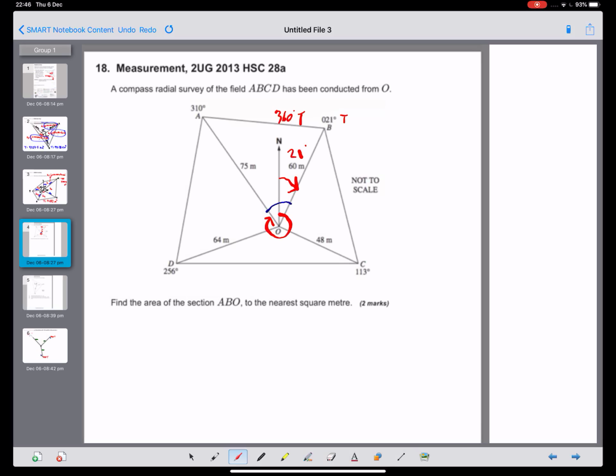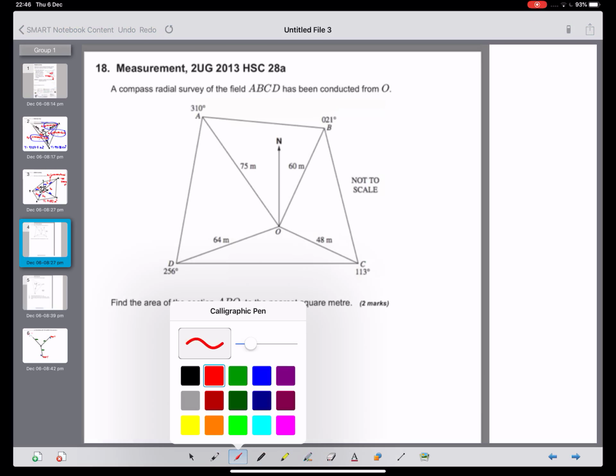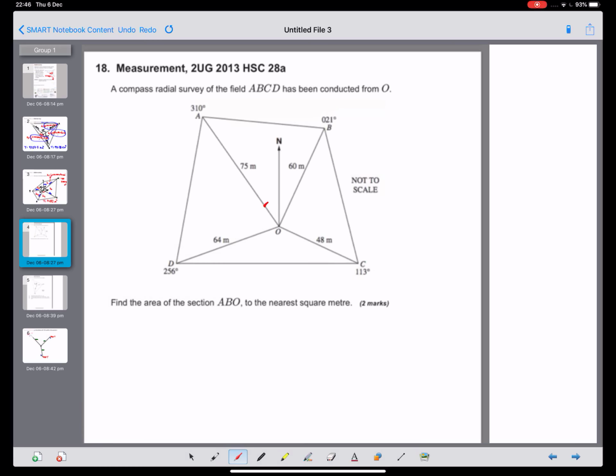In order to get to 360, we need to add 50. So we know that this is 50 degrees. So that makes our angle 71 degrees. I'm going to erase this.